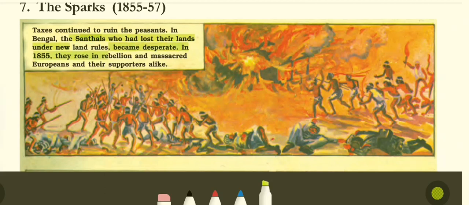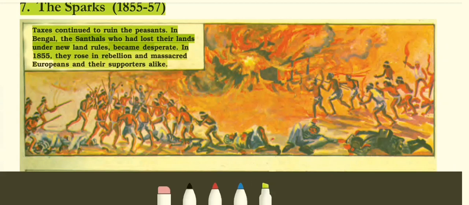In 1855, they rose in rebellion. They were no longer in acceptance of whatever was happening against them. So they started and massacred Europeans and their supporters alike. Whoever was supporting Europeans was also killed or massacred. Massacre refers to a term that basically is killing a large number of people together.